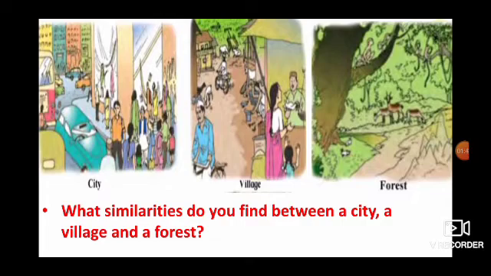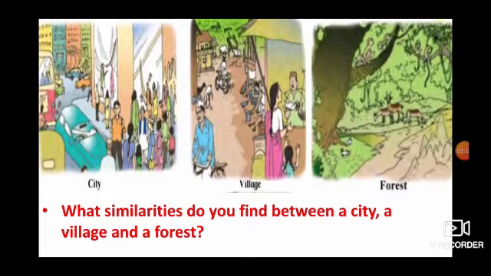So children, the first picture is of city. There is less open space we can find in cities. The number of trees and animals is less. Number of vehicles and people is comparatively more. And in the second picture of village, more open space is found.